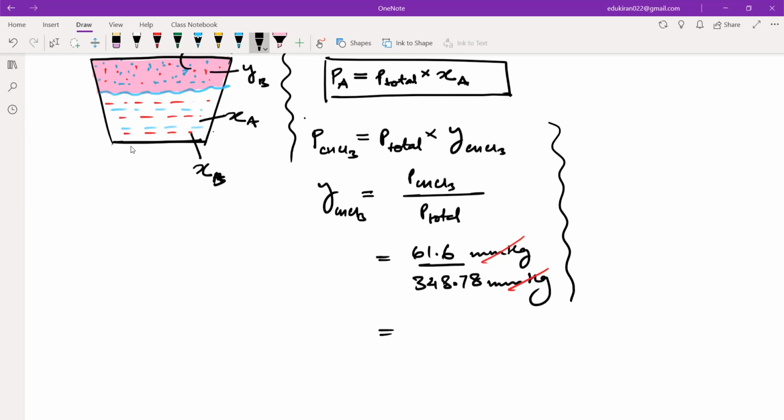After you have calculated the value, you will write Y of CH2Cl2 will be equal to 1 minus Y of CHCl3.